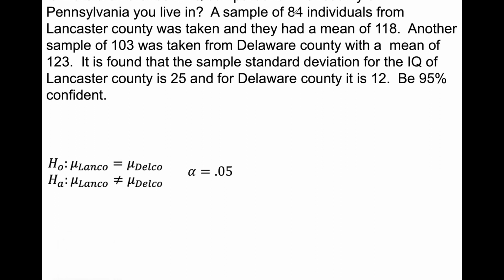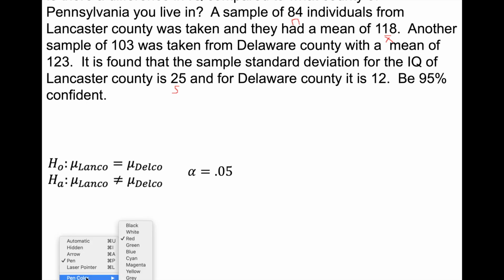A sample of 84 individuals from Lancaster County, so that is our first N for our sample of Lancaster County. The average here is 118, so I'll put a red X bar there. And the standard deviation for Lancaster County is 25. So this is just me organizing the N, the X bar, and the S.